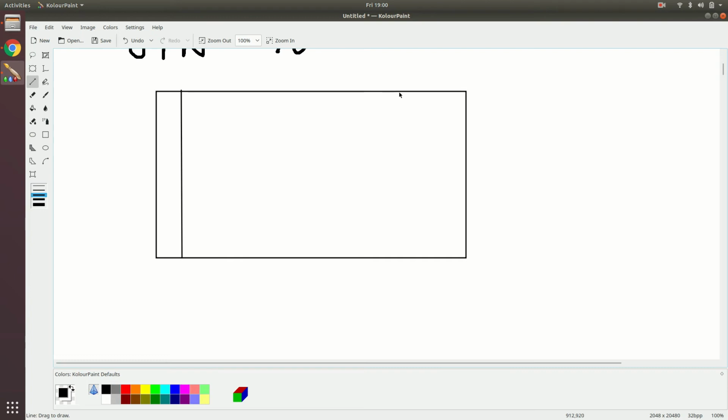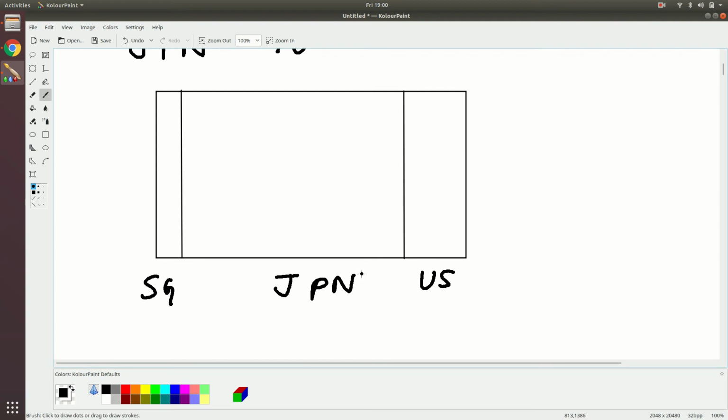So this US region is twice as thick as the Singaporean region. So the first region is the Singaporean region, the last region is US, and the middle one is Japan. The ratios have been chosen so as to draw it to scale as much as possible.